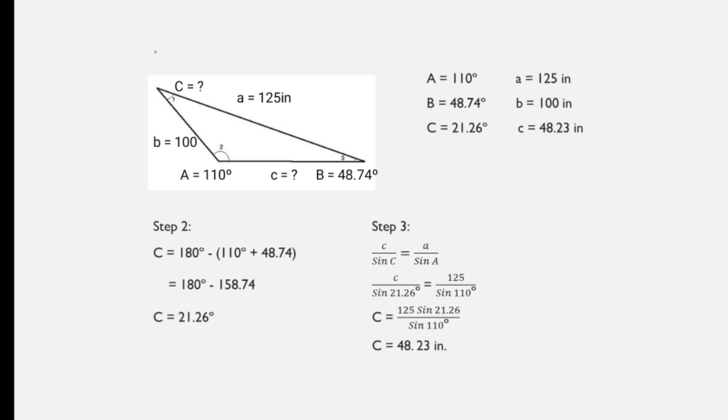So we have this formula, then plug in the values and cross multiply, and we will have c equal to 125 sine 21.26 over sine 110 degrees. With the use of the scientific calculator, automatically we can get the side because c was already isolated. So c equals 48.23.